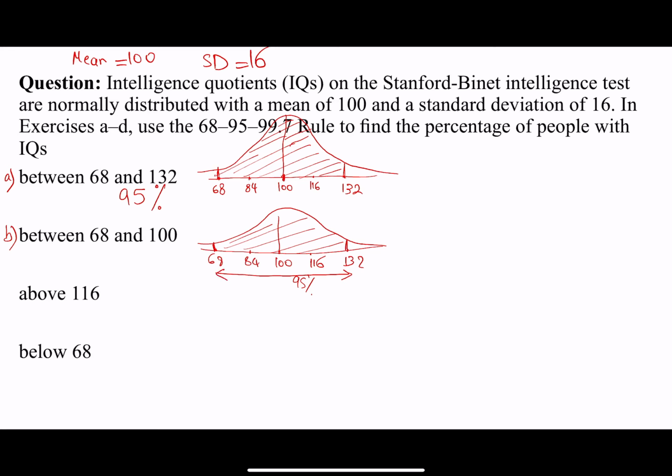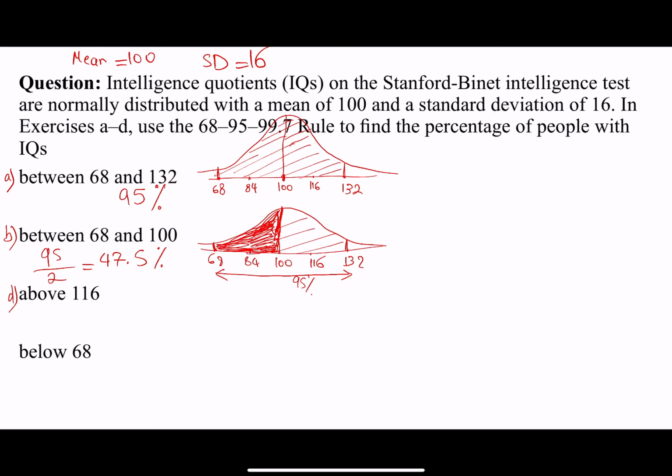What about between 68 and 100? Well, we have a symmetric shape, right? We are just talking about half of the data. So just 95 divided by 2. 95 divided by 2 is 47.5%.